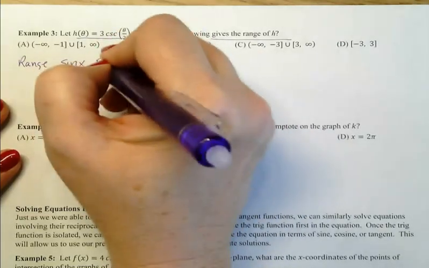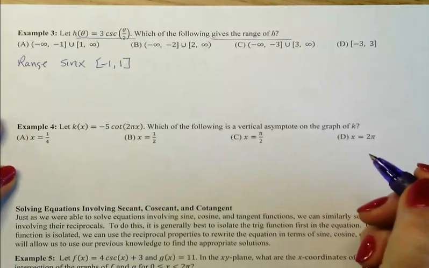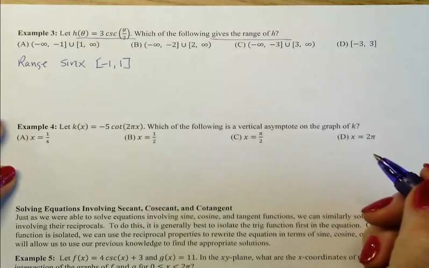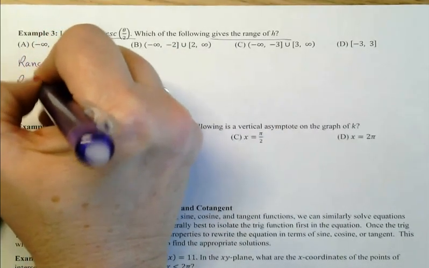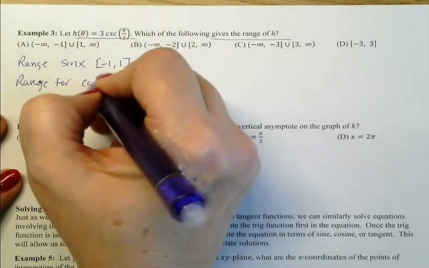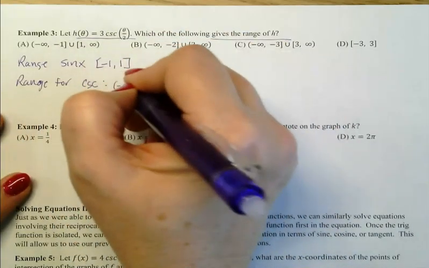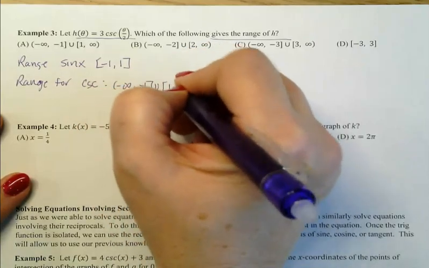So hopefully we remember it goes from -1 to 1. It bounces between the highs and the lows. And so then I want to think about what is the range for cosecant. So remember that goes from -infinity to -1, and then skipping up to the 1 and going on to infinity.